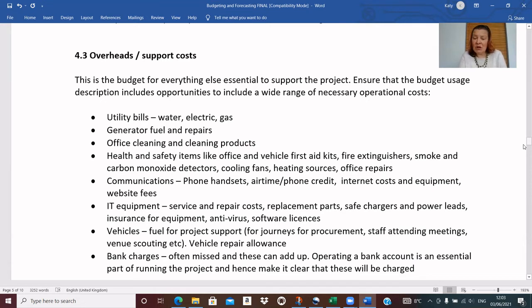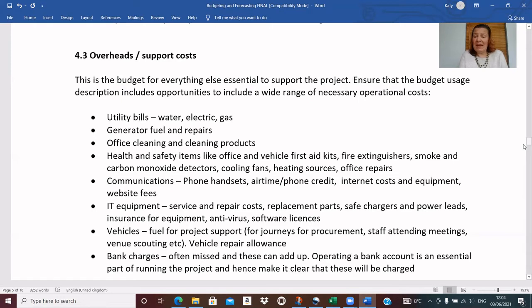Your communications costs need covering. You've got the costs of phones and the internet. Your IT will need servicing and repairs. And also don't overlook the insurance for all of the office and IT equipment. And in addition, you've got antivirus and software licenses that will likely need renewing on an annual basis. So make sure that you include the cost for those.